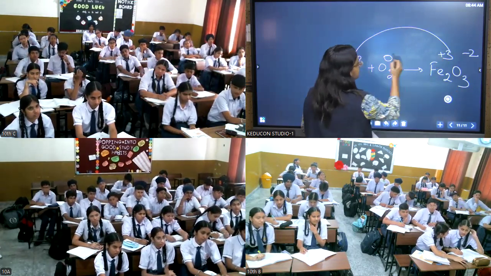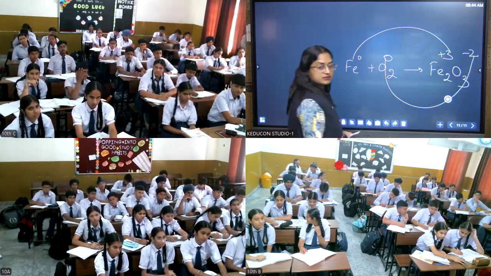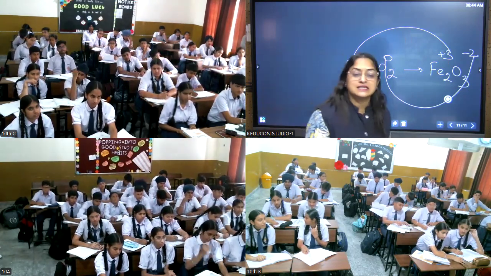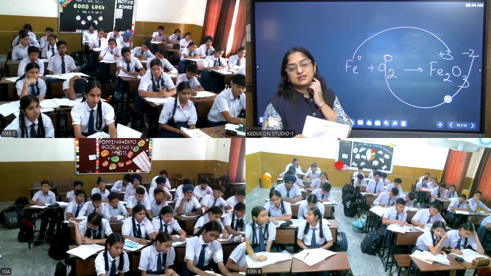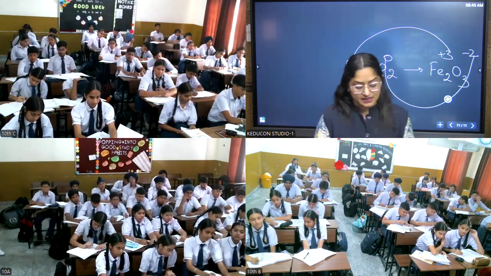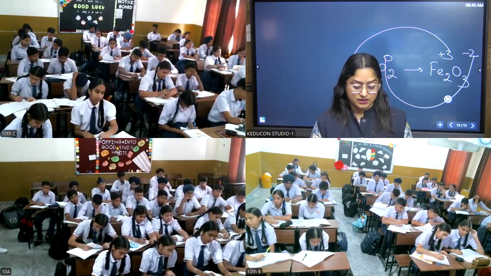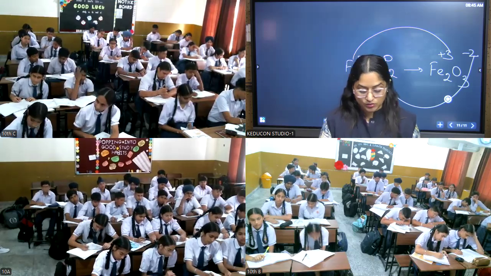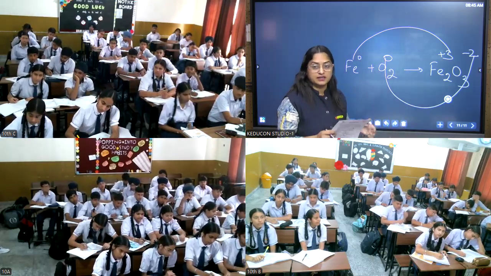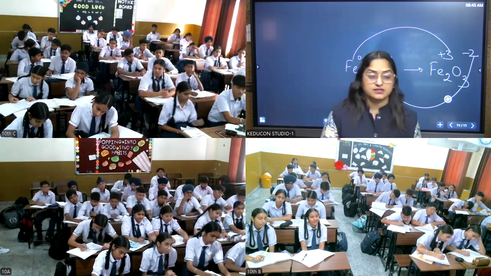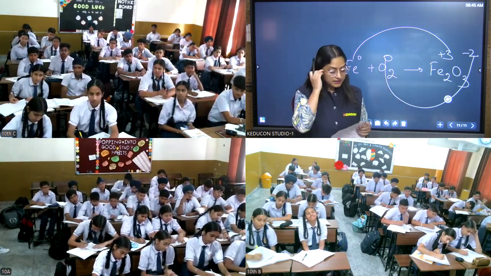This is oxidation, this is reduction, right? Increase and decrease in oxidation state. So rusting of iron is a redox reaction. And the second statement is that during rusting, iron loses electrons and oxygen is gaining electrons. So this is A. 13th question.